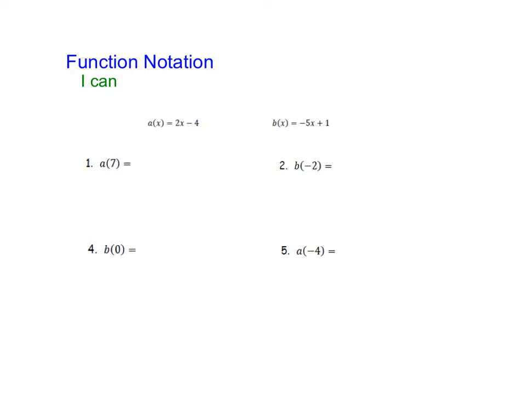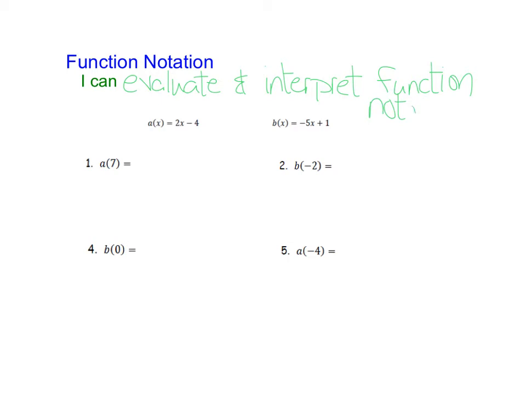So you were just introduced to the concept of function notation. And what we want to do right now is evaluate and interpret function notation. Okay, so here's how you read this.